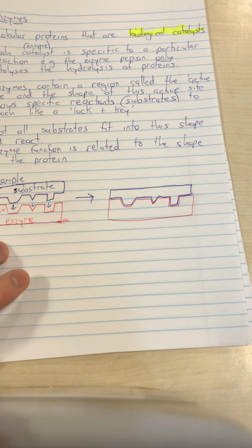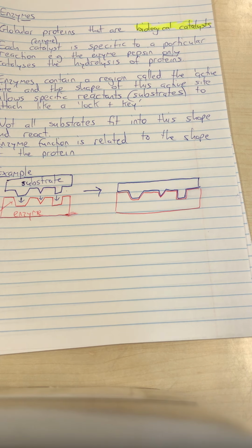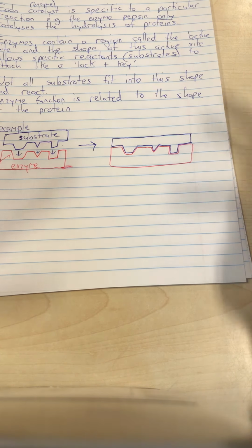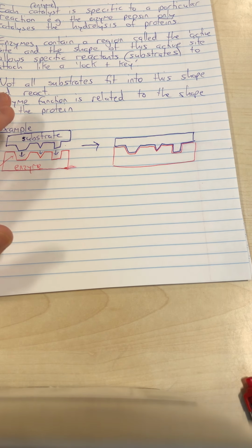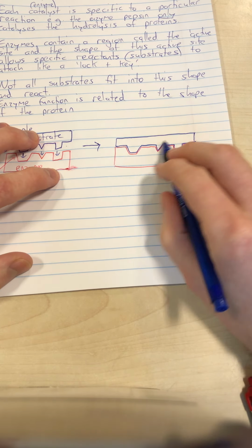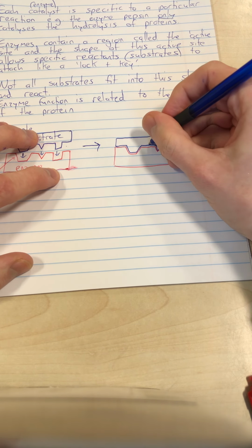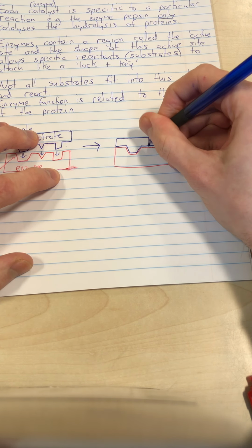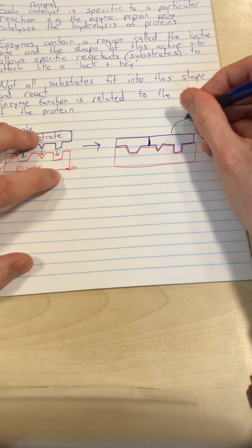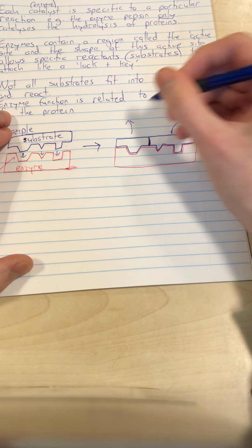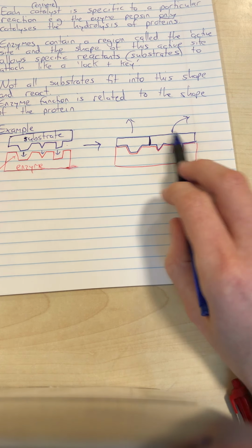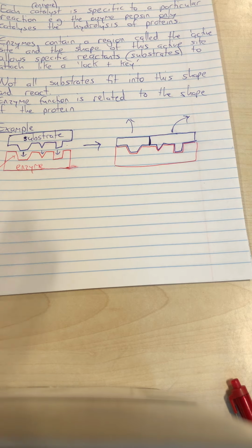Now this is where you get what I was saying earlier, the whole induced fit, where the enzyme sort of snugs in, but like I said, do not worry about that in chemistry. Now, obviously once the substrate's in there, the reaction can take place and you can get that sort of snapping off here, okay? So we're essentially showing a hydrolysis, so we've got a large molecule and we're breaking it down into two smaller molecules.